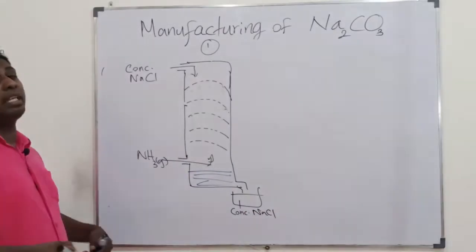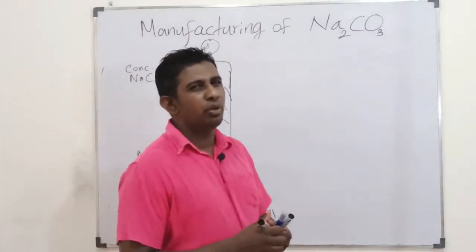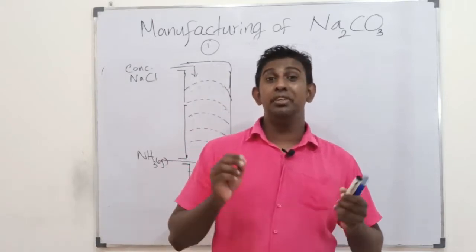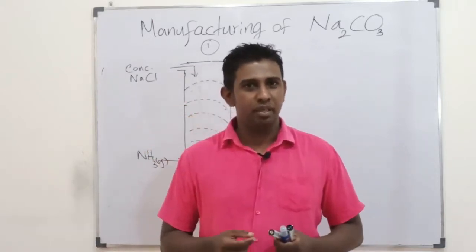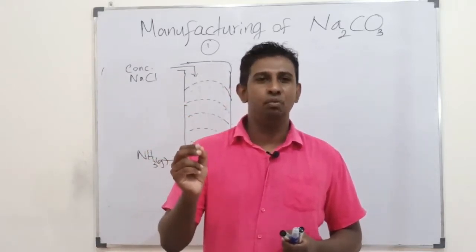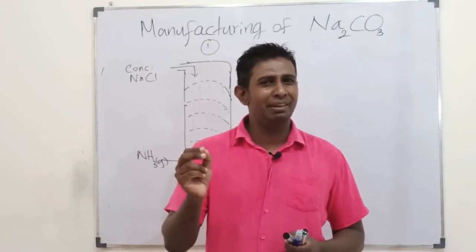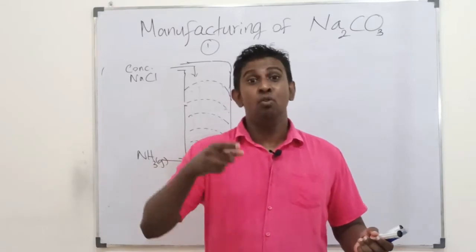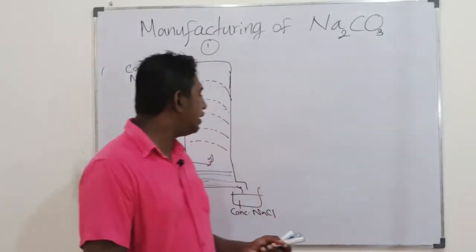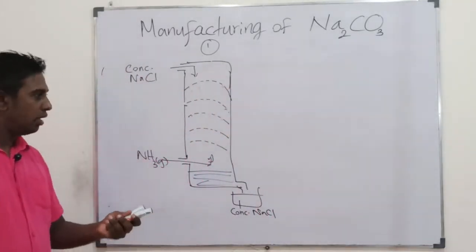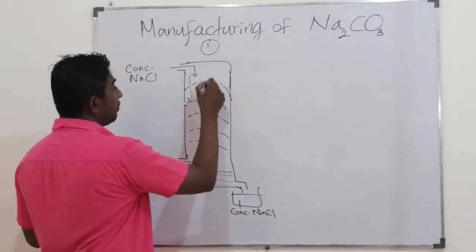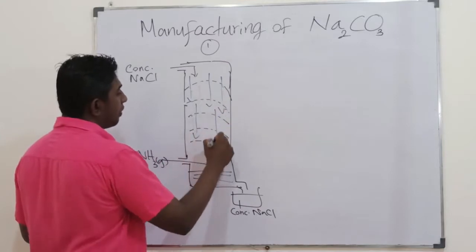But it's not only concentrated NaCl; you have passed ammonia gas through that. Ammonia gas is a well-soluble gas. It is well soluble in water. So this ammonia gas would get dissolved inside this concentrated NaCl solution which comes down.